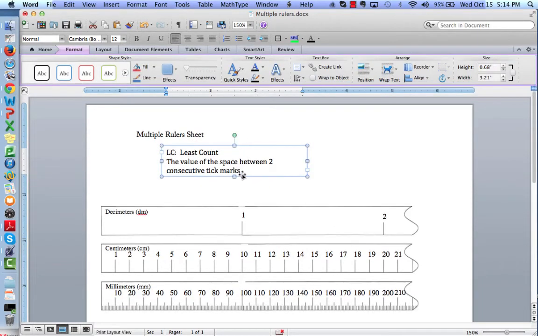Or you could say the difference, and in math, you know that difference means what? Subtraction, right? The difference between the value of two consecutive tick marks.